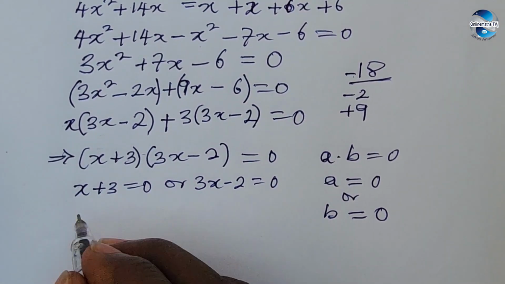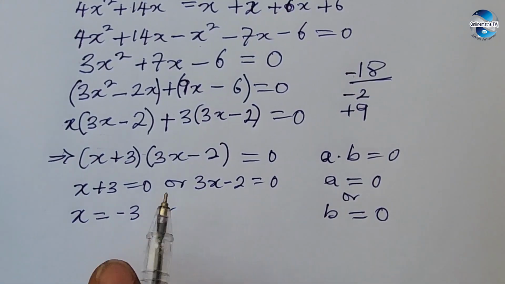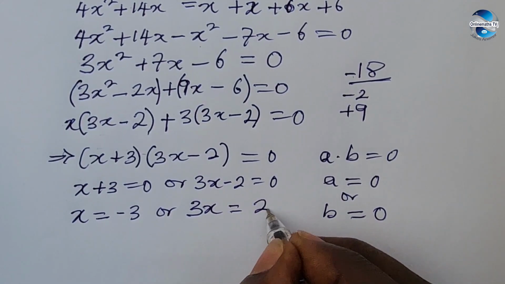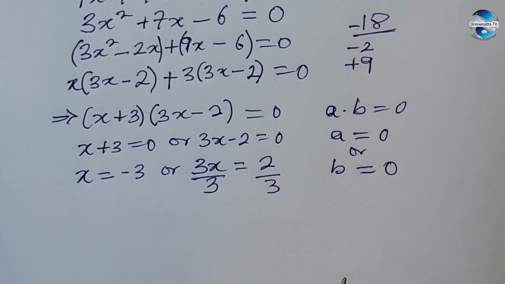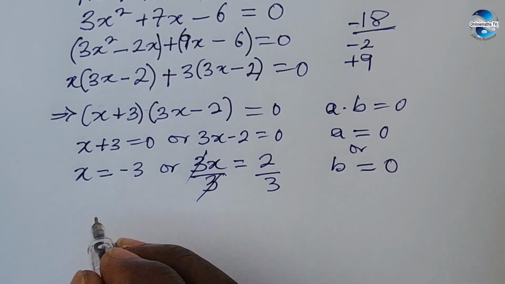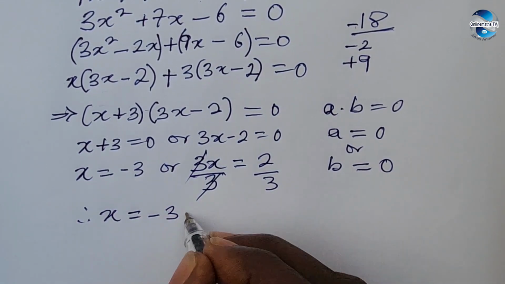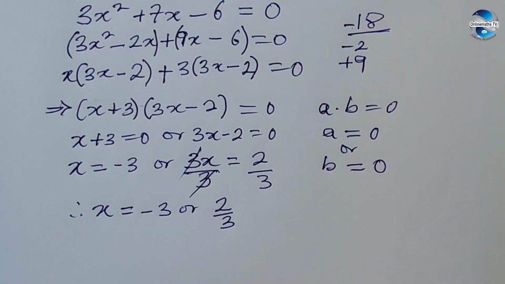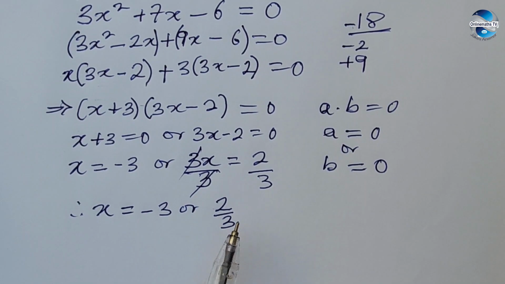So from here, this automatically will give us x equals minus 3, or if we send this to the other side, 3x equals positive 2. Because we're looking for x, we divide by 3. So therefore, our x is equal to minus 3, or positive 2 all over 3. Now, in the former one, here we have positive, here we have negative, and that is where the misfire came from.